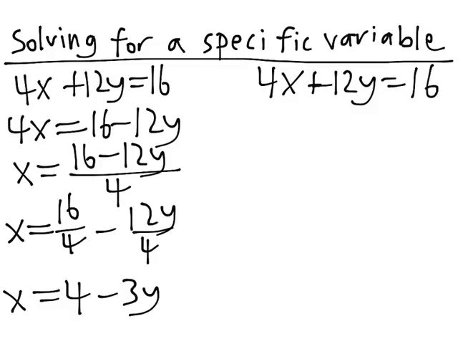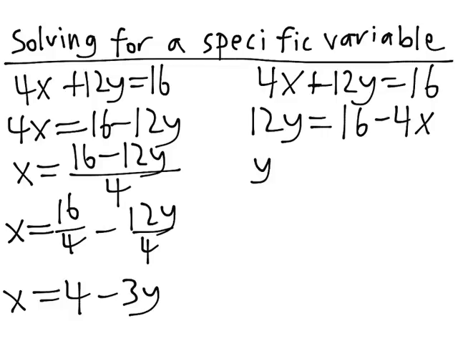Now we subtract 4x from both sides, so 12y equals 16 minus 4x, and then we can divide both sides by 12. y equals (16 minus 4x) over 12.